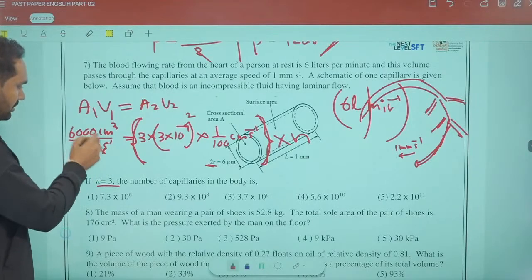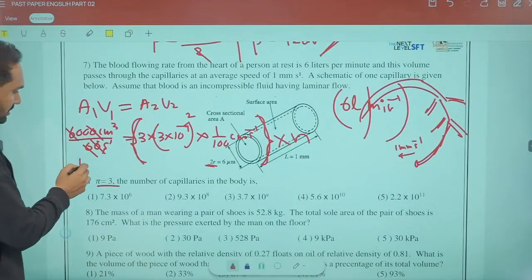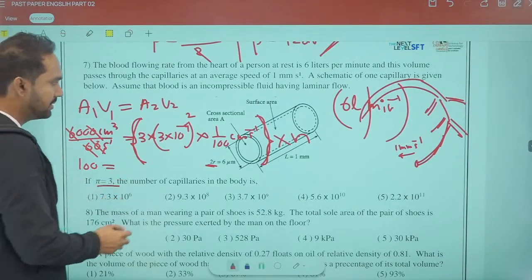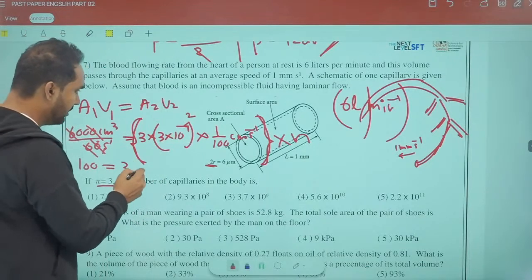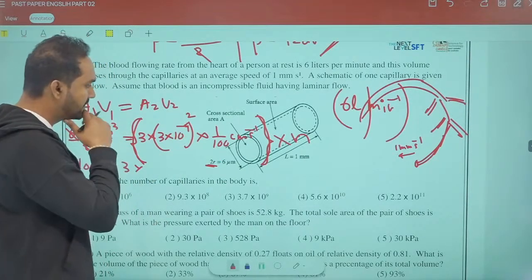All good now. So 0 to 0 cancels out, 6 to 6 cancels out. There's 100 left here, equals, if I take this one, 3 into 10 to the power minus 4 square.